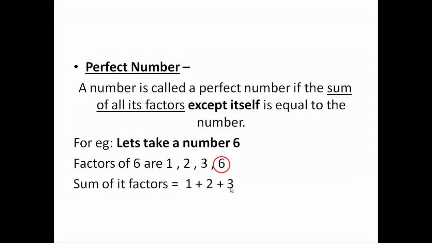Sum of its factors except the number itself will be 1 plus 2 plus 3, equal to 6, and 6 is equal to the number whose factors we found out. So if this happens, then we can say that 6 is a perfect number. I hope this is clear to you.